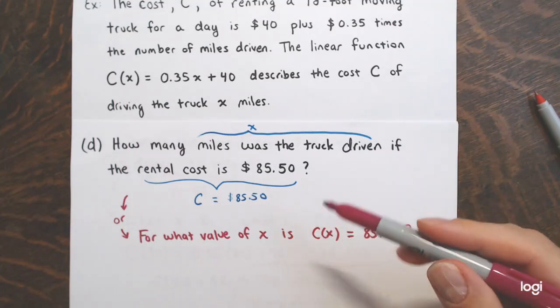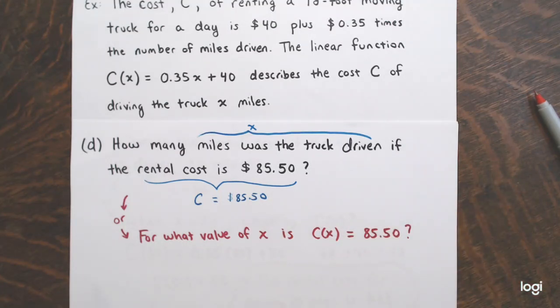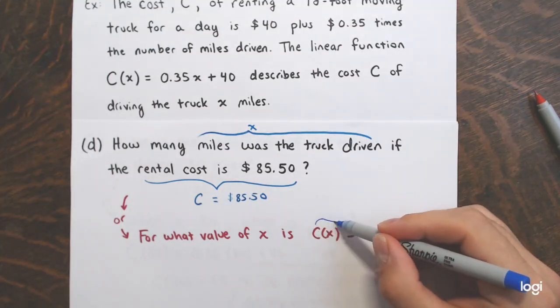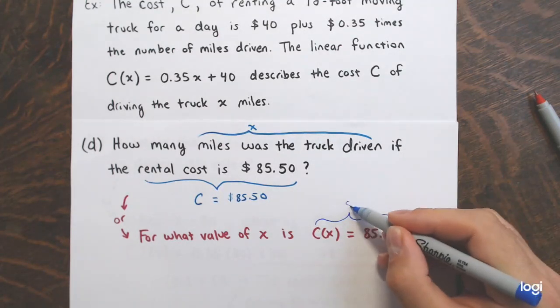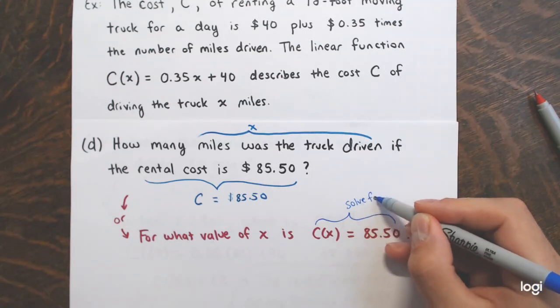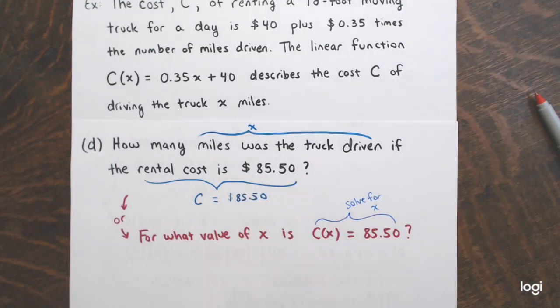They mean the same thing. So what you're really doing here is solving this equation, C of x equals 85.50, for x. I'm trying to find how many miles I would have to drive so that the rental cost would be $85.50.